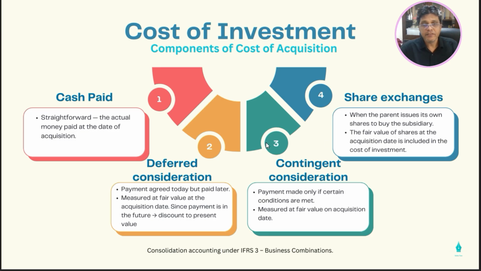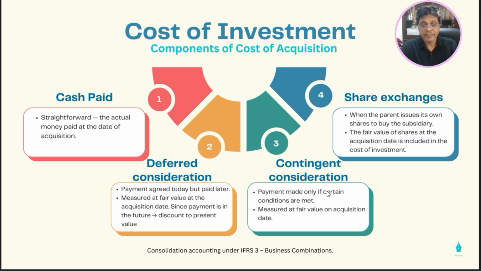And the third way is contingent consideration. What does contingent consideration mean? The payment is made only if certain conditions are met. For example, let's say there is a sales target to be met. Once the sales target is achieved, the payment will be made.